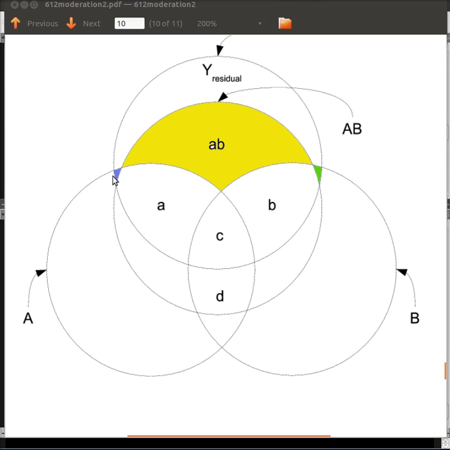You can see this teeny tiny little piece here and this teeny tiny little piece here. This is the effect of A, this is the effect of B, and this is the interaction. So when you partition the sums of squares simultaneously, in many respects you probably throw away a lot of variance that's attributable to the main effects, and that's not a good thing because that turns out to be residual. It's not variance that's attributable to any of the effects, and so therefore it is residual in the Y.